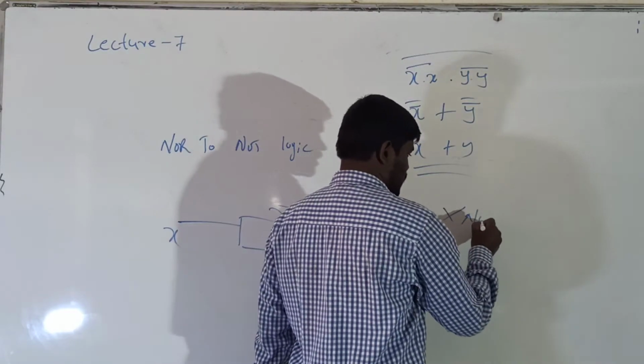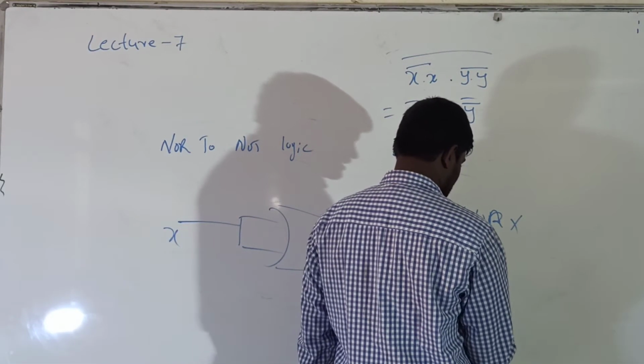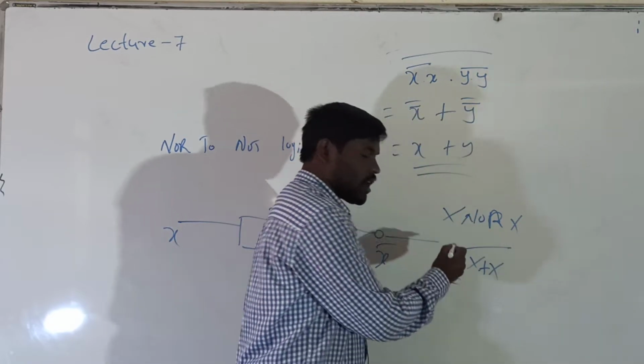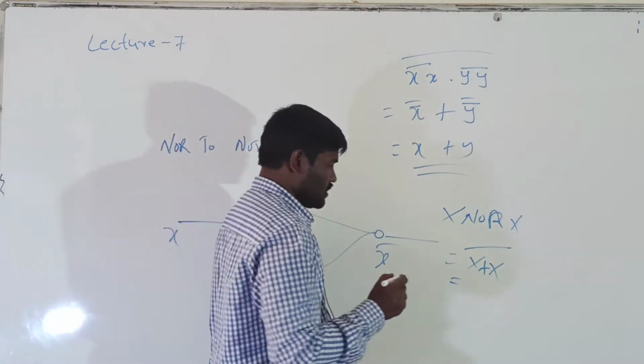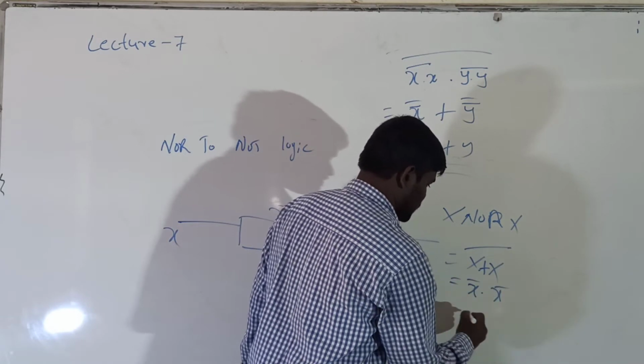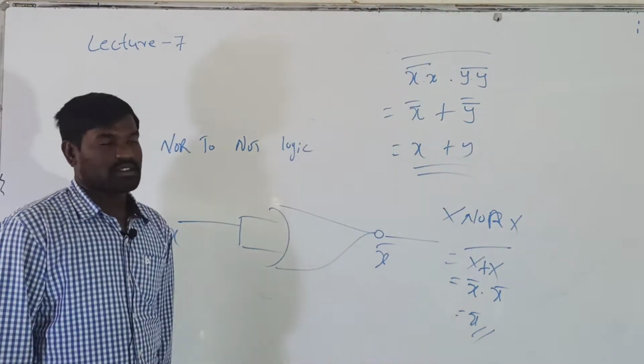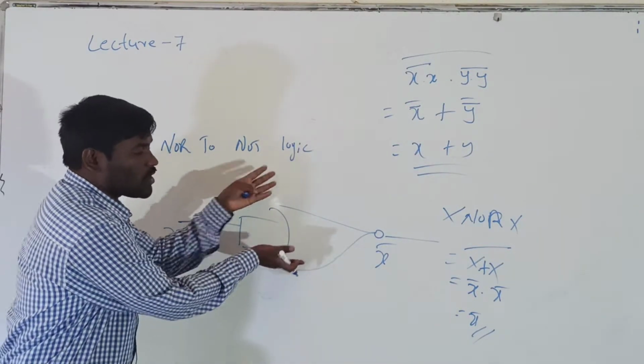X NOR of x. Finally, x plus x whole bar. OR means logical addition, so that is x bar into x bar, finally x bar only. So this is the first one. See here, NOR means not of OR.